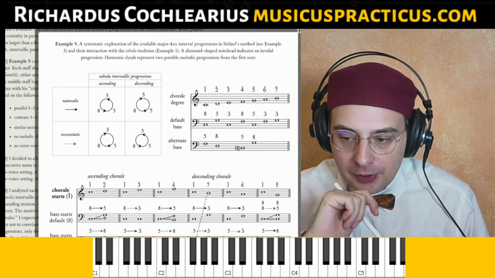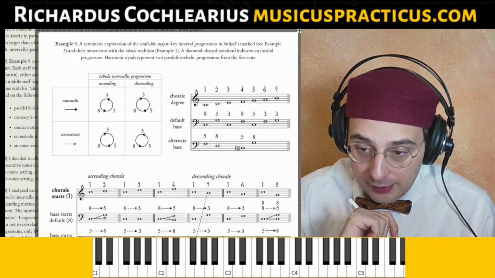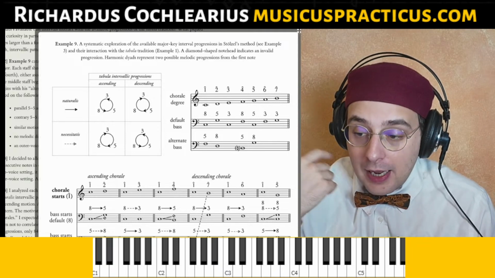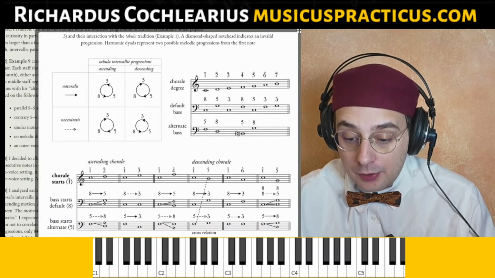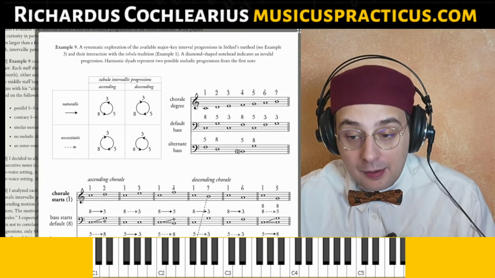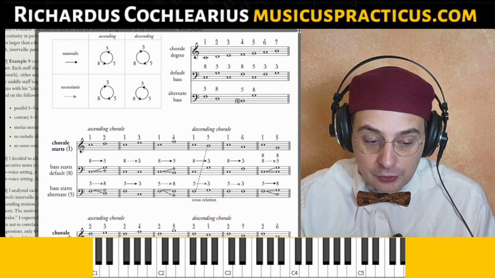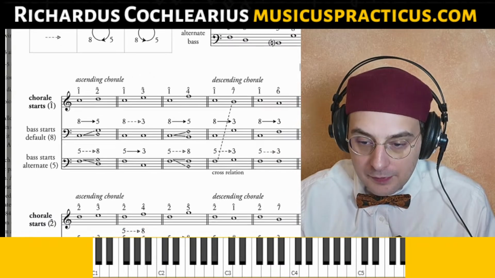A systematic exploration of the available major key interval progressions in Stölzel's method, see example 3, and their interaction with the tabula tradition, example 1. A diamond-shaped note head indicates an invalid progression. Harmonic dyads represent two possible melodic progressions from the first note. So this diamond shape means not allowed, invalid.